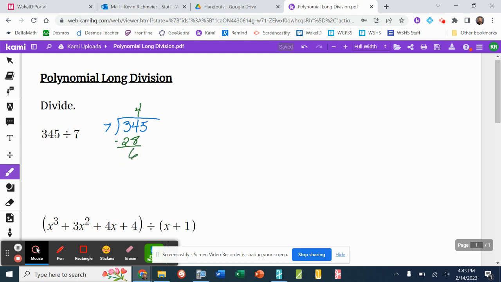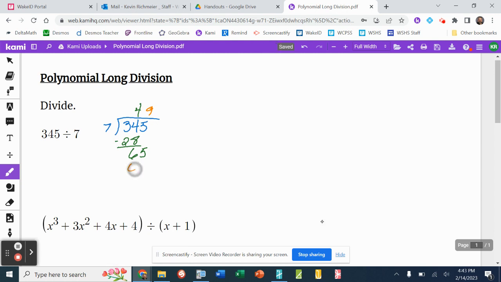So 34 minus 28 leaves us with 6. And then we're going to bring the 5 straight down, because essentially we didn't subtract anything from the 5. Or if you want to think about it, 0. So then we have to ask ourselves, how many times will 7 divide into 65? Well, the answer to that is 9. And 7 times 9 is 63.